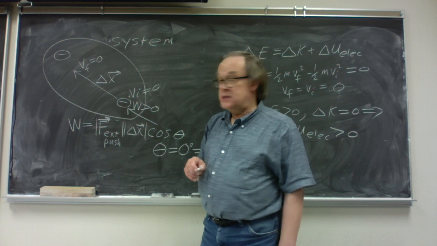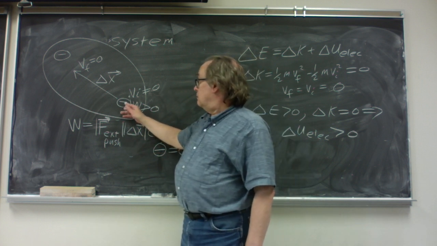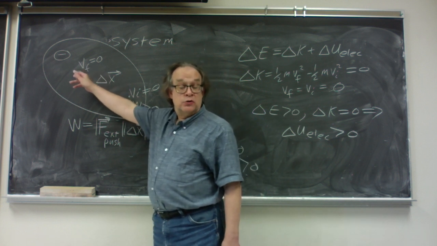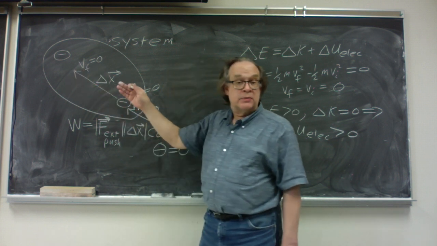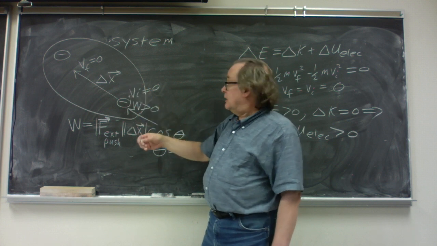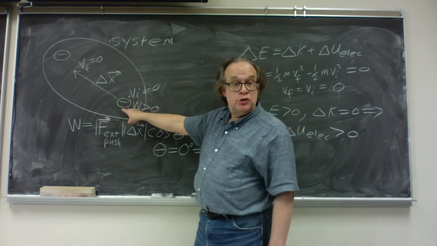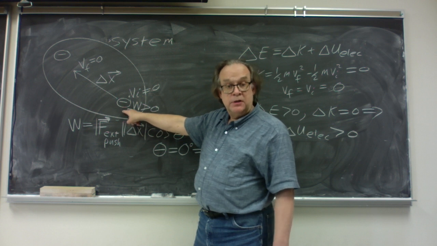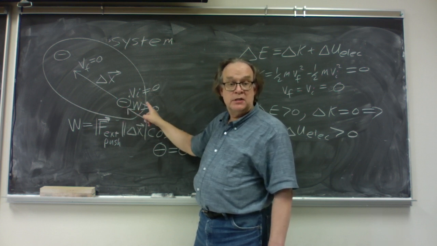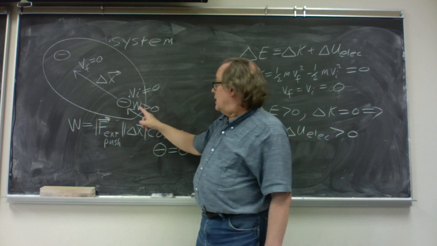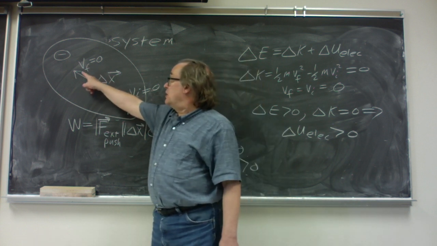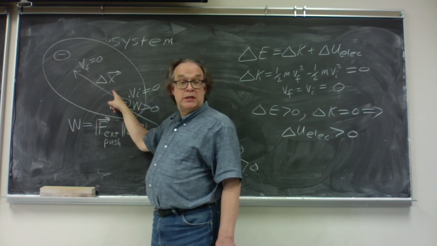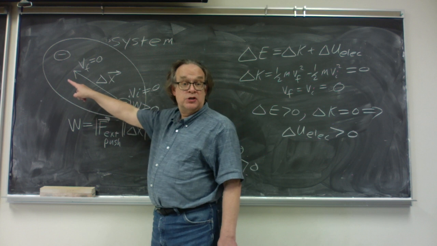So if I want this negatively charged particle to get closer to the other one, I have to give it some kind of a push. And let's say I start pushing at a point in time where the initial velocity of this particle is 0, and then I keep on pushing until it gets to this point, so it feels a displacement like this from the starting point to the finishing point.